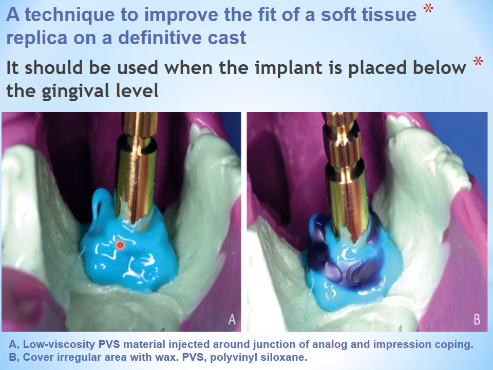Here we put the low viscosity injectable elastic impression material around the space, or the junction, between the analog and the impression coping.